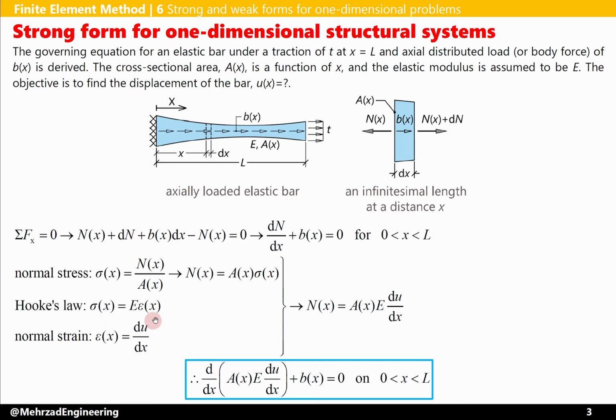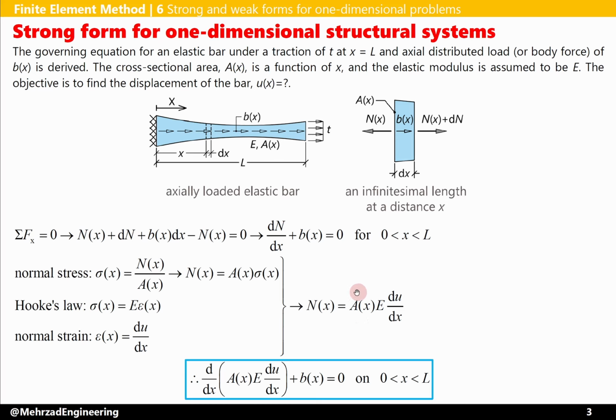Sigma is equal to E epsilon, and by the definition of normal strain, epsilon is du by dx. So instead of sigma, we can write E epsilon, and instead of epsilon, we can write du by dx. So internal force can be A times E times du by dx.